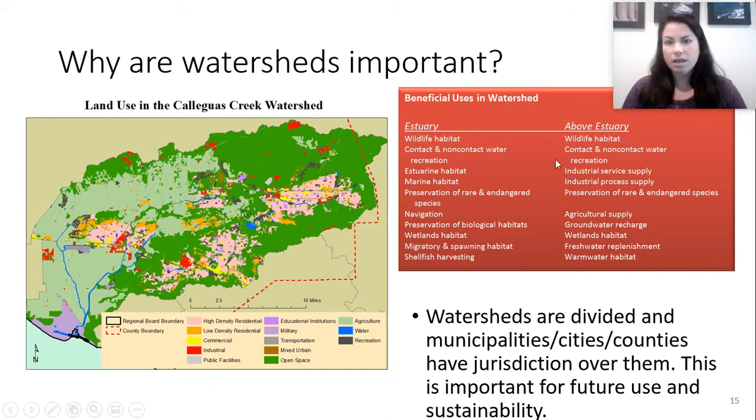And if we look at all the uses within this watershed, we have everything from wildlife habitat to agriculture supply, groundwater, warm water habitat, and shellfish harvesting. There's a lot of different uses of water just within this one watershed in Ventura County.